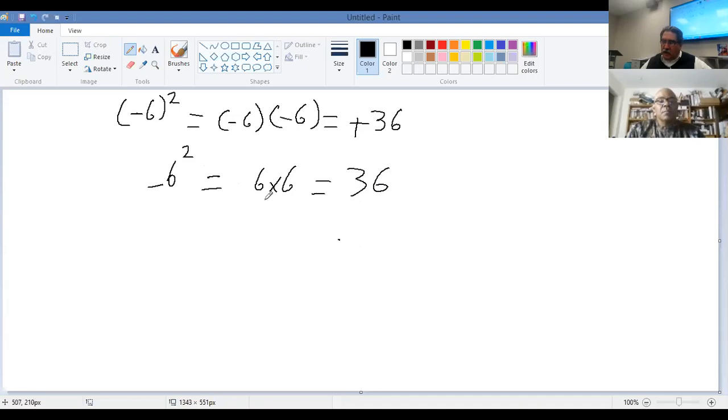What should be its sign? Negative, minus, because this 2 is only for the 6. It's not for the negative. Remember, it's 6 to the power of 2. Do you see the difference between these two? The first one is -6, the whole thing to the power of 2. This one is -6, only the number 6 to the power of 2.